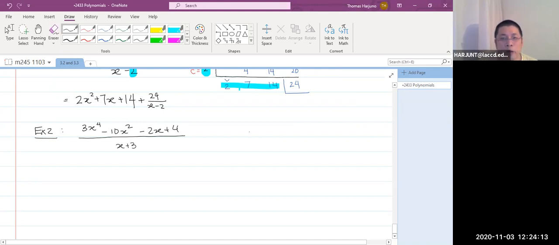The numerator is already in descending order, but be aware we have a skip there. Degree of 4 has coefficient 3. How about degree of 3? Coefficient 0. Degree of 2, negative 10. Degree of 1, negative 2. The constant is 4. So be aware of this.